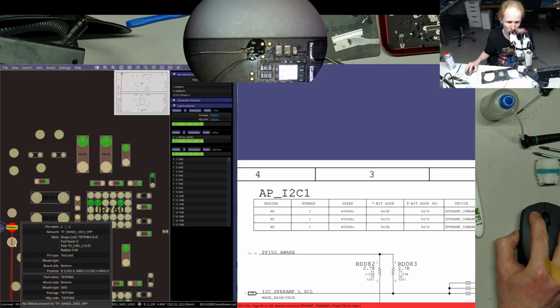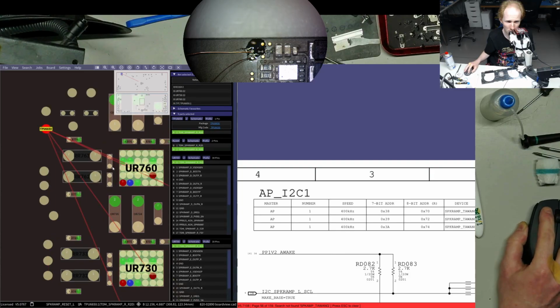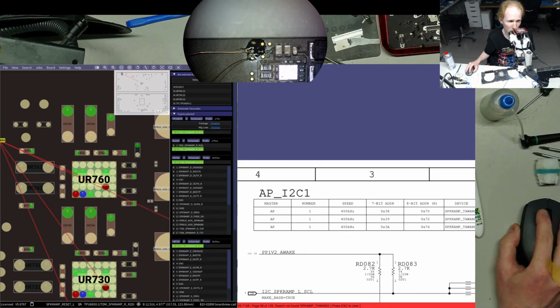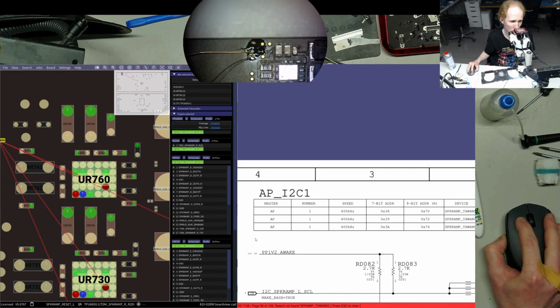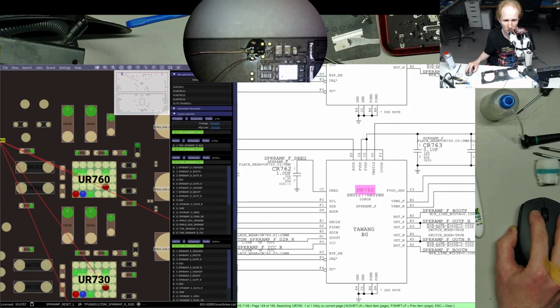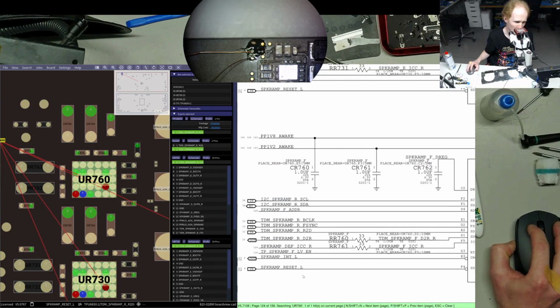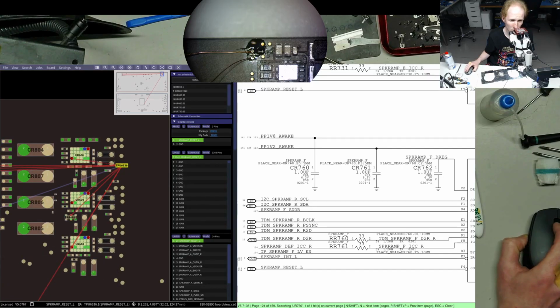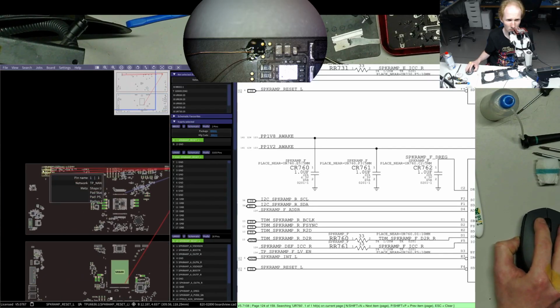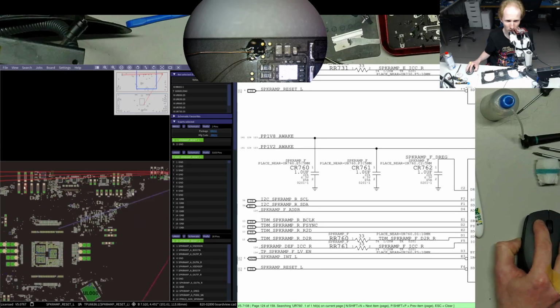Interesting, there are like test points for nonce here on this side. Anyway. Okay, there is no reset test point here.